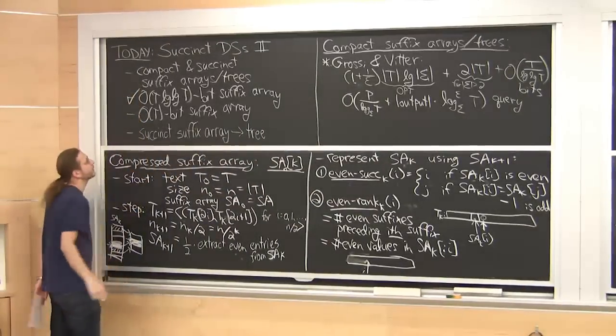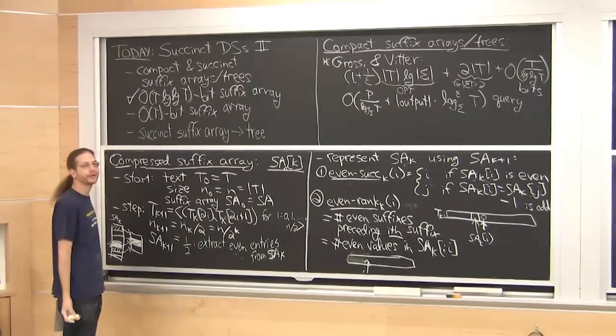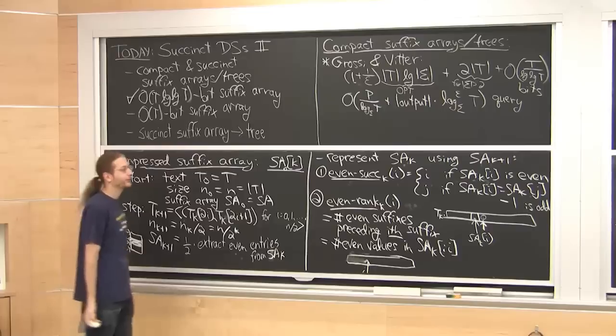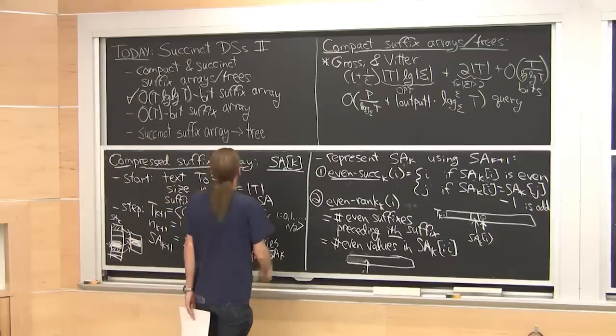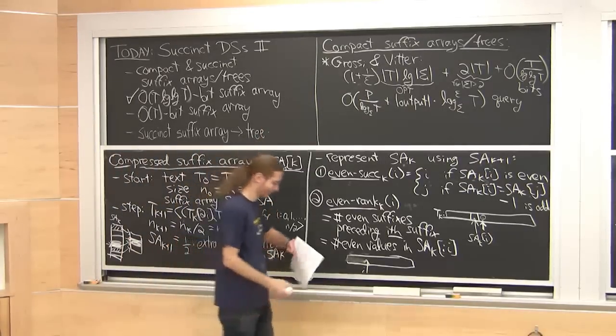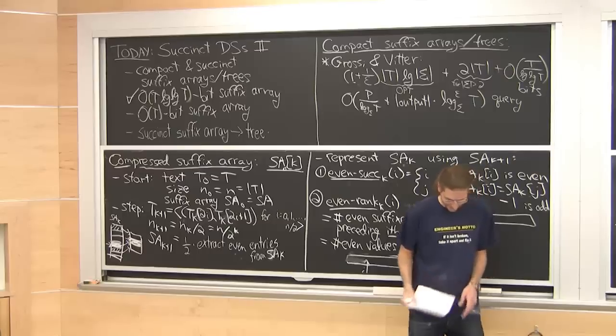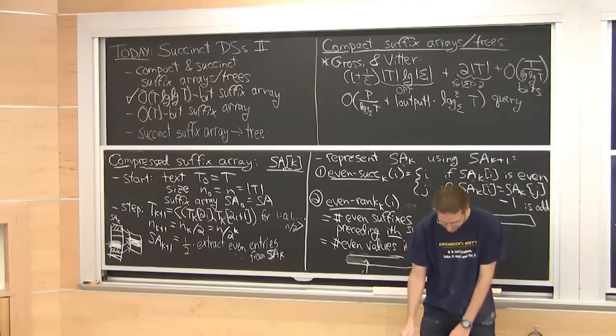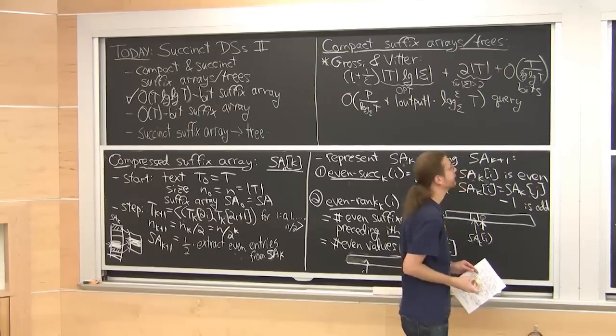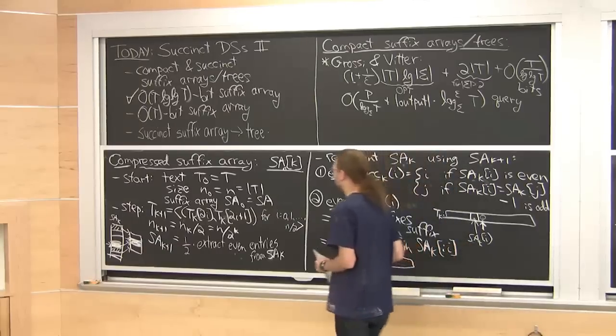Item 1 complete. We now have a t log t bit suffix array. Next, we need to make it order t. Then we need to make it into a suffix tree. Gotta move a little faster. Okay, where to go now?